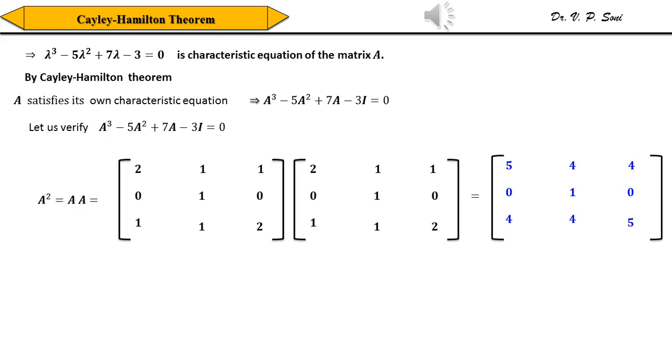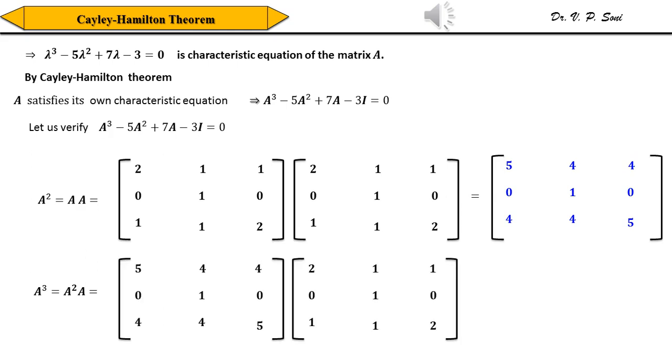Now we find A cube. A cube equals A square into A. Therefore, we get matrix A cube whose first row is 14, 13, 13, second row 0, 1, 0, third row 13, 13, 14.